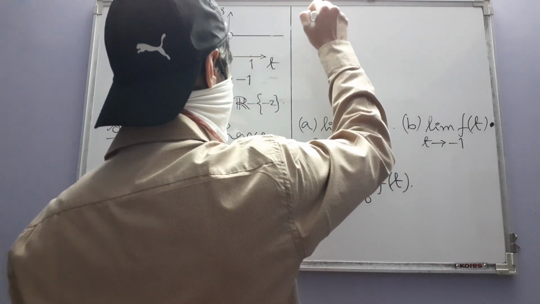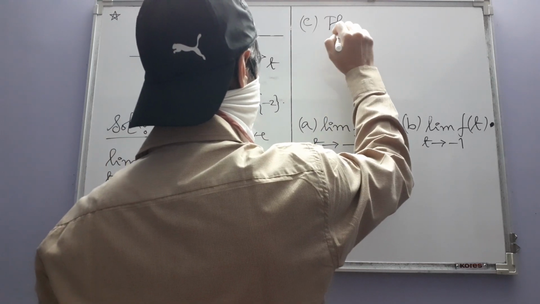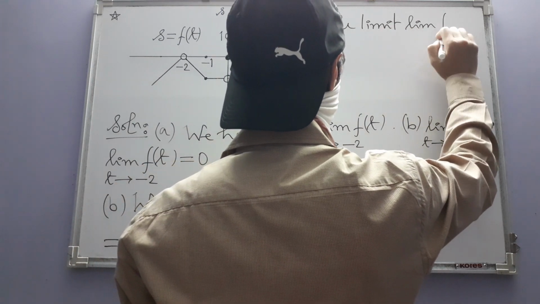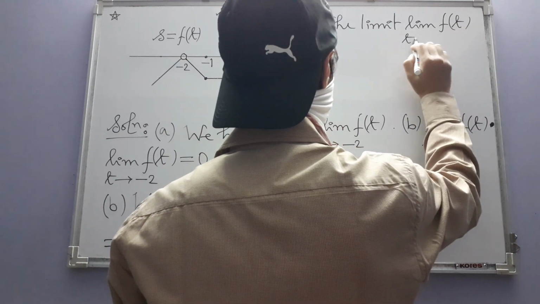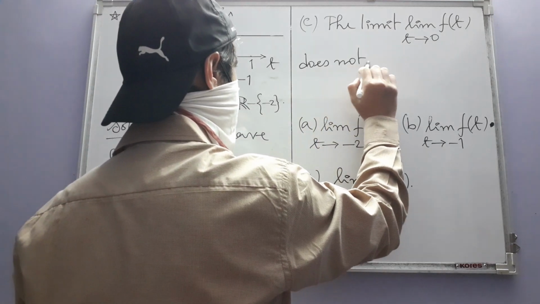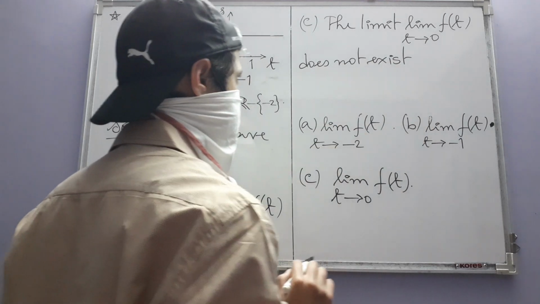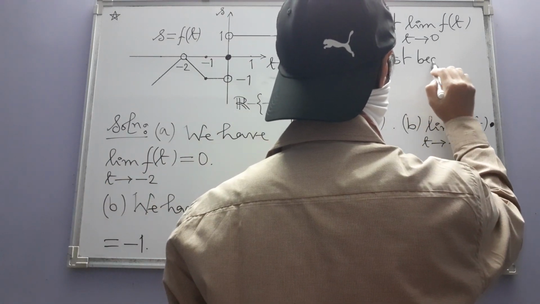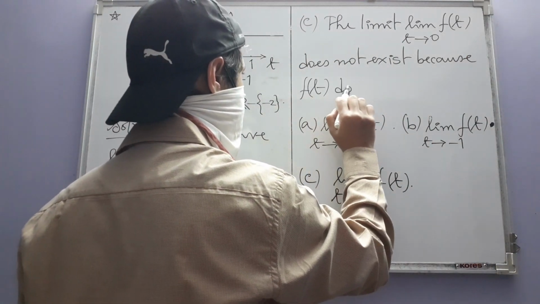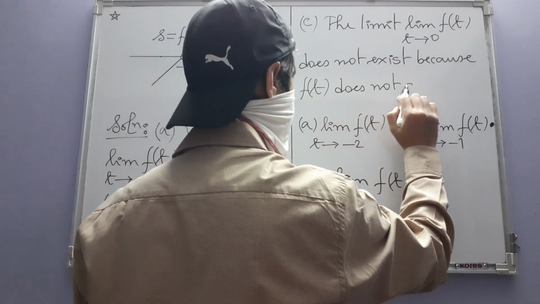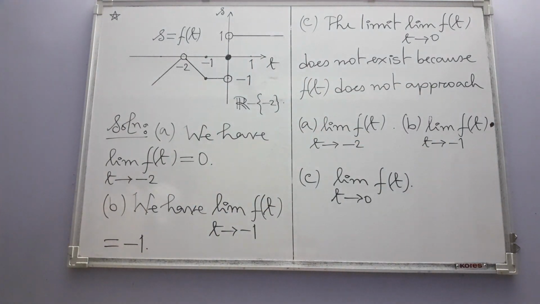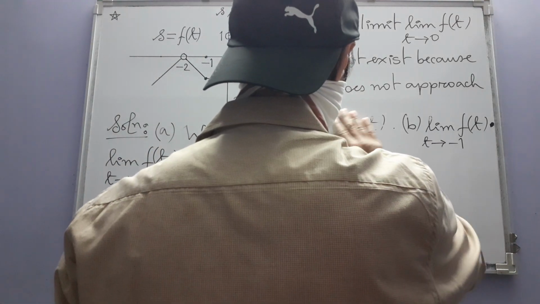So for part C we write like this: the limit of f of t as t tends to 0 does not exist, because f of t does not approach a single real number as t approaches 0.